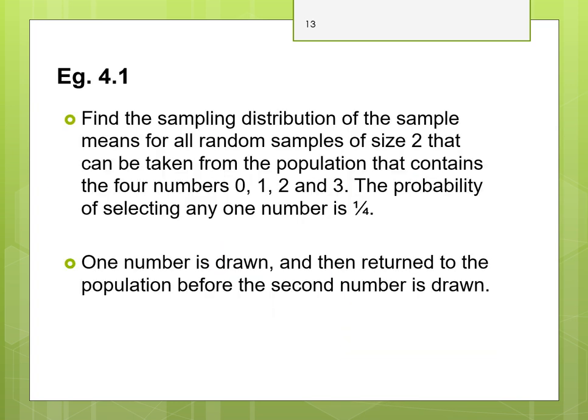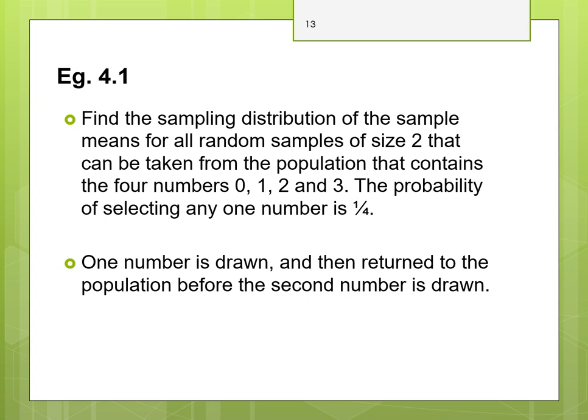Okay, so here let's take another example. This example is better than the later one. So here let's think about it. This time we use 4 numbers to be the population.